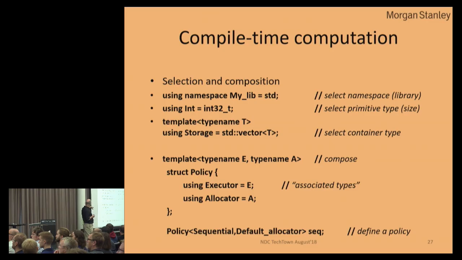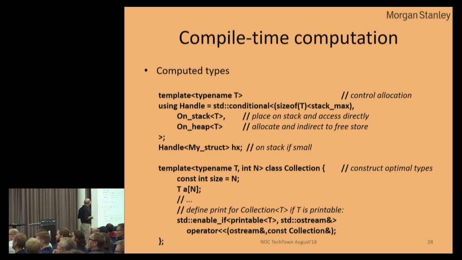And down here we are composing things, a policy is an executor and an allocator, so that I can say I want the policy that's sequential, and using the default allocator, imagine you're doing a multi-threaded system. So a lot of this stuff is done in the type system at compile time to make sure we have a simple notation without extra overhead, extra calls. I mean, just because you have something that's user-defined doesn't mean you have to pay for it. The compiler can absorb a lot of that stuff.